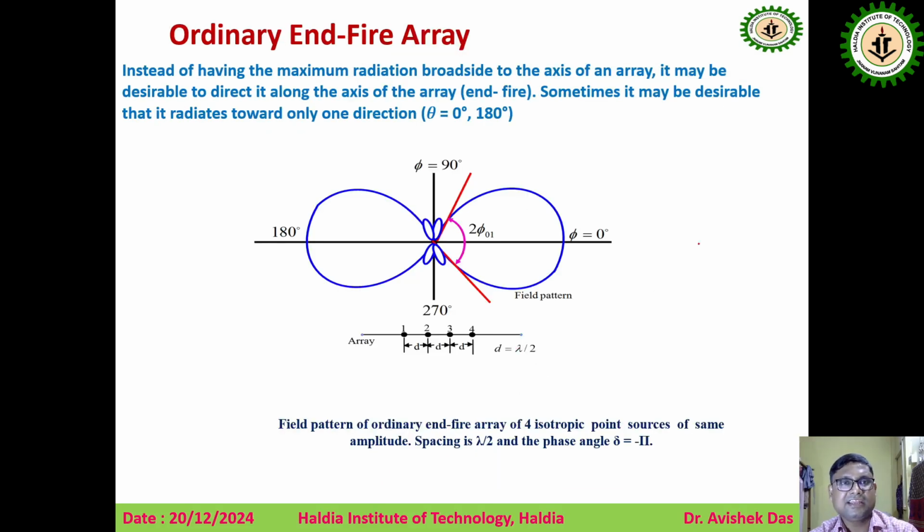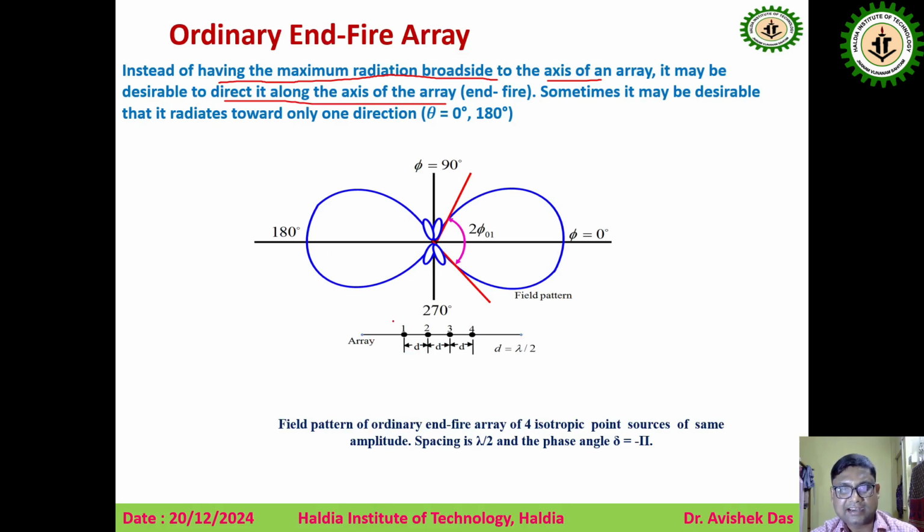In the next slide we discuss the ordinary end fire array. So what is the end fire array? Instead of having the maximum radiation broadside to the axis of the array, it may be desirable to direct it along the axis of the array. So look, this one is the array.